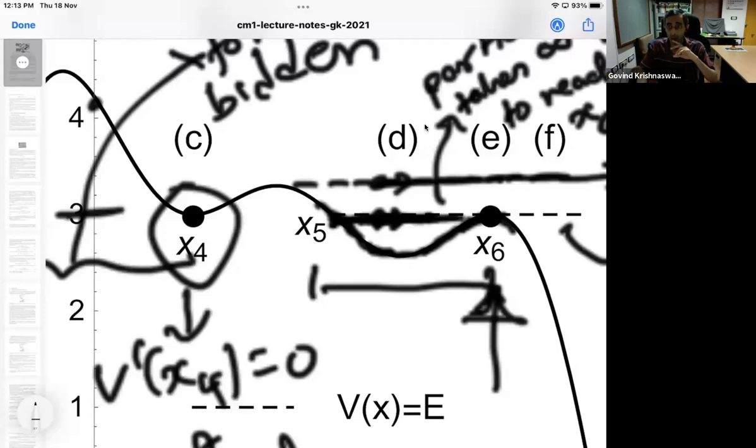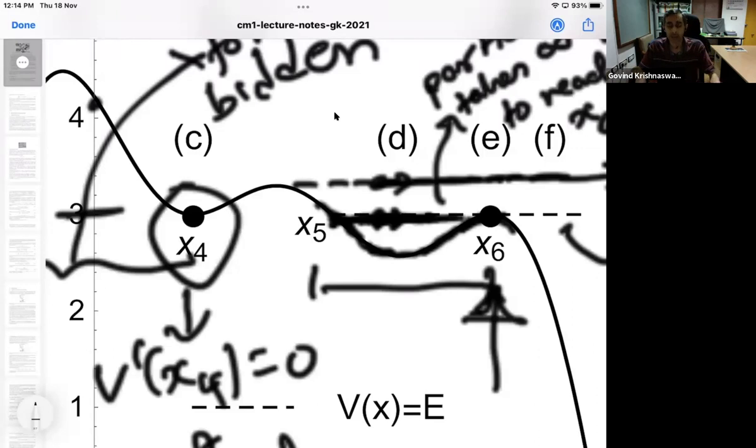Yes, sir. Okay. Anybody else who would like to ask any question about this? This may be slightly counterintuitive, but another approach is to think in terms of the uniqueness of solutions of Newton's second law equation of motion.